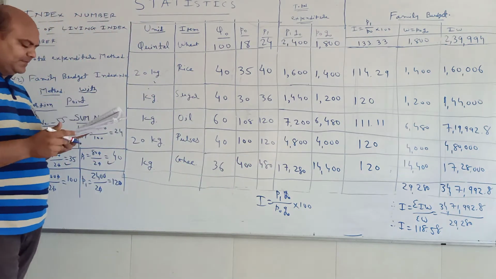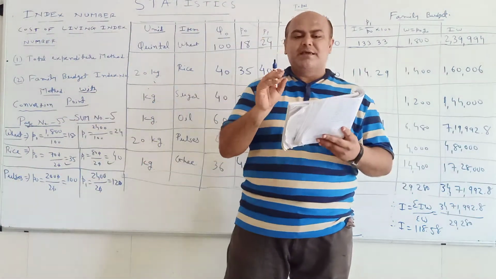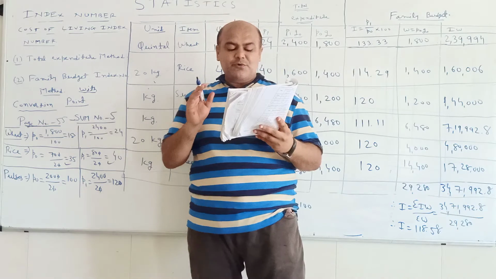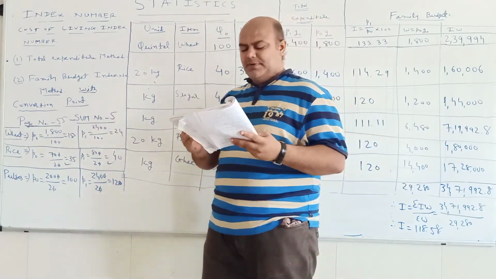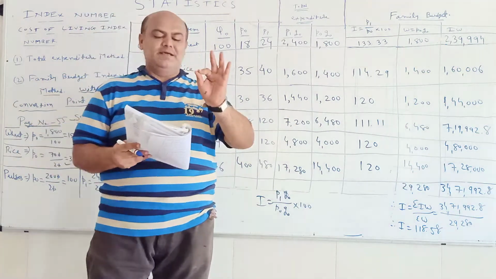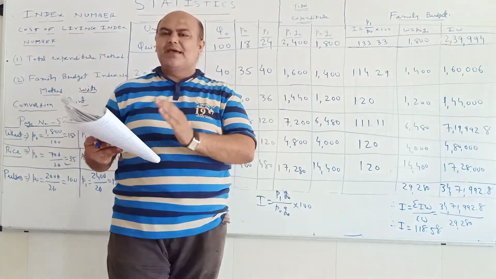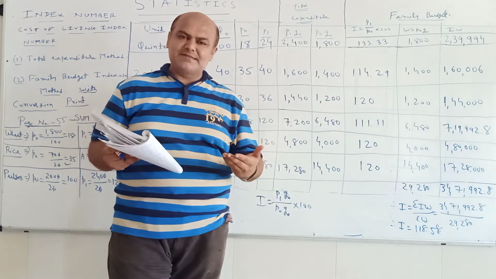Our last item is ghee. The unit is given in kilogram. The consumption or quantity is also given in kilogram. So there is no change in that particular ghee because unit is same and quantity is also same.